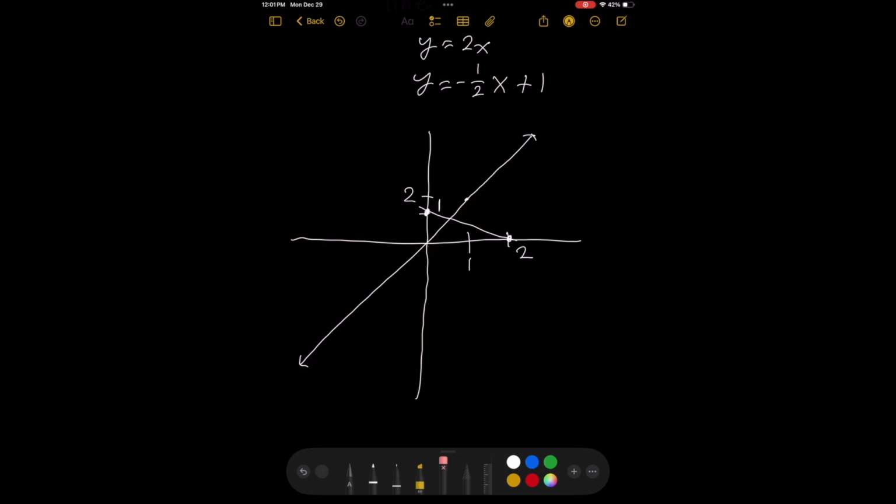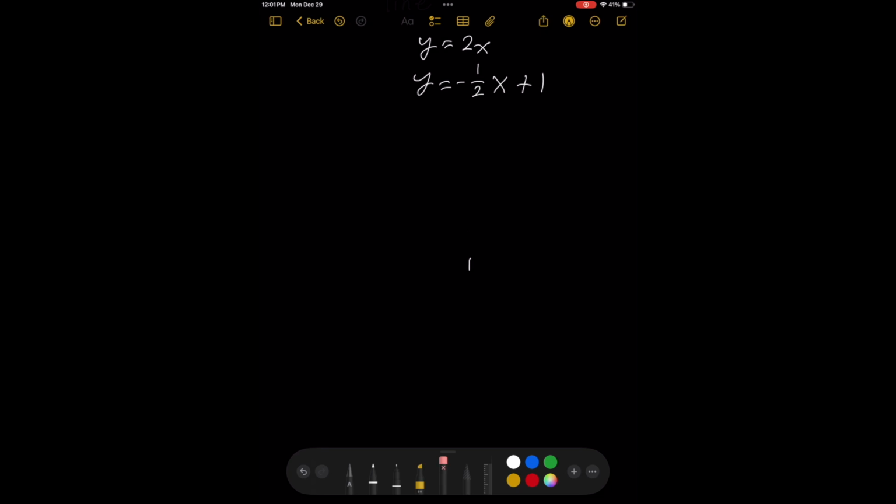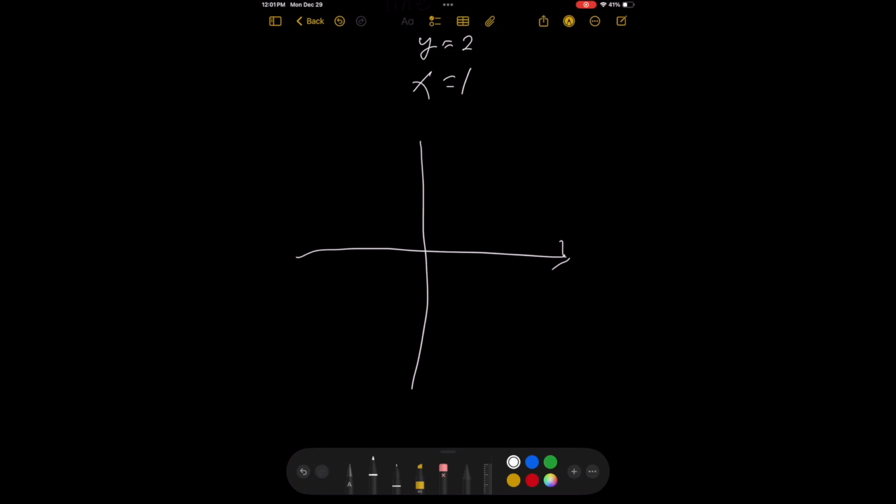I'm going to use a better example, an example that won't be as bad. x equals 1, we already know, it's going to look like this. y equals 2. Boom. That's an example of what perpendicular lines look like.